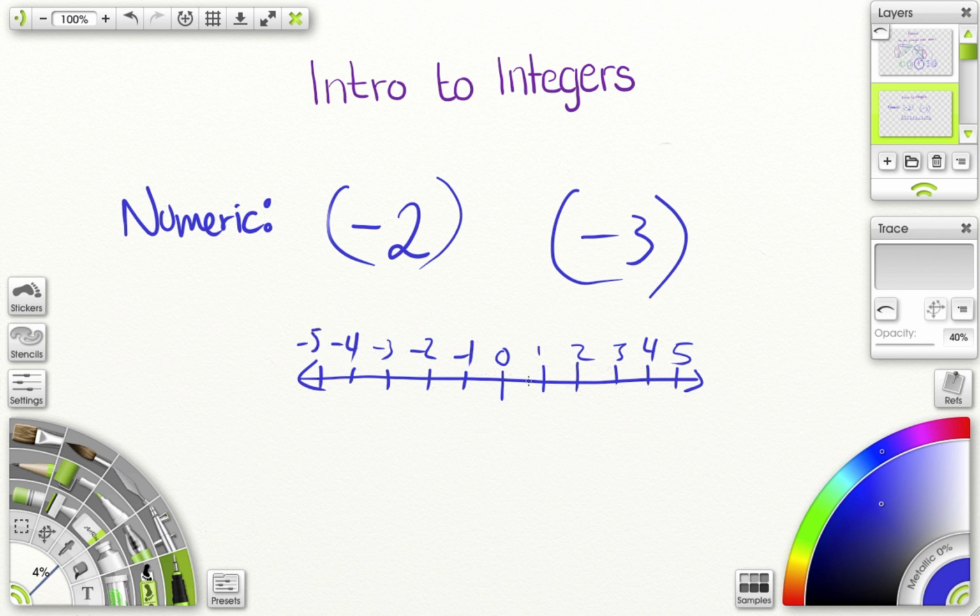And remember, we started out from 0 and went 1, 2, 3, 4, 5. So this way we went in order, but this way we had to actually go backwards because of the way that negative numbers work.